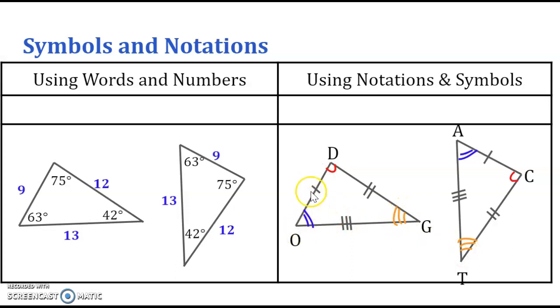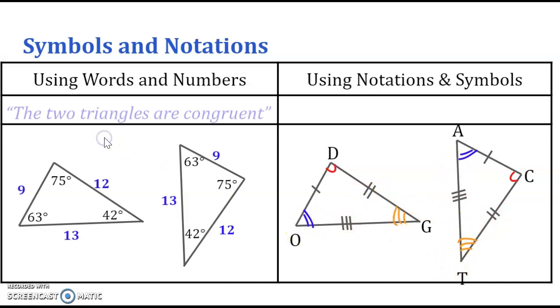Likewise, for the side length, we'll put notches. This side length is congruent to this side length because they have one notch each, and this side DG is congruent to side CT because they both have two notches. That means those two are equal in measure, or congruent, and this OG is congruent to AT.